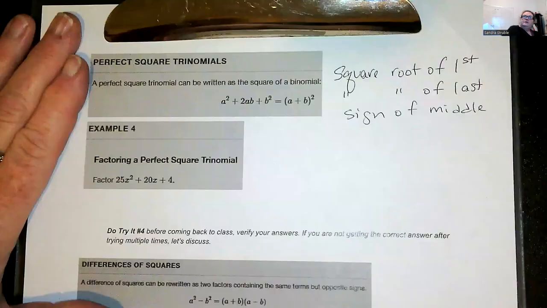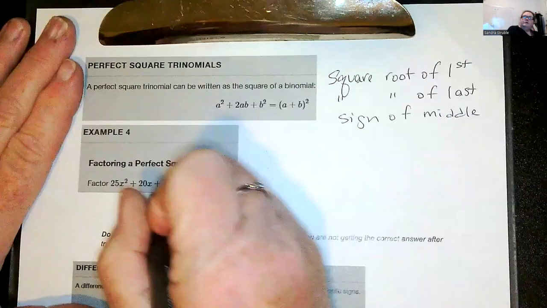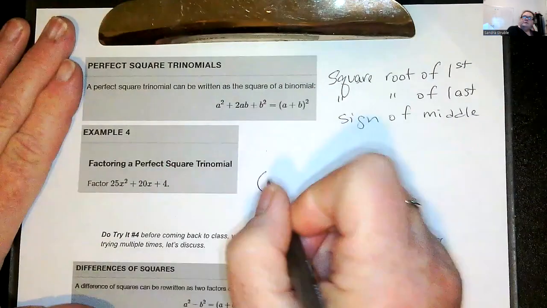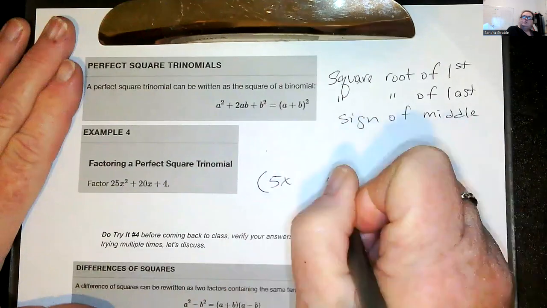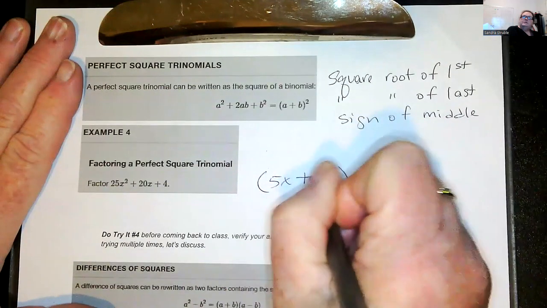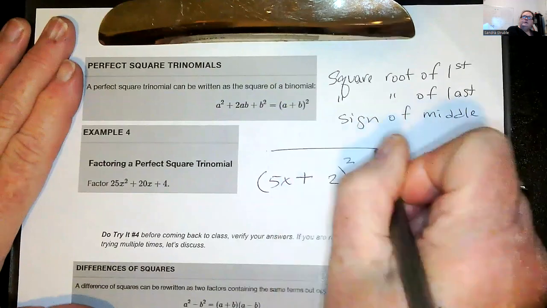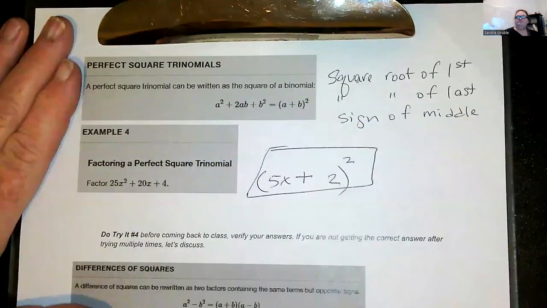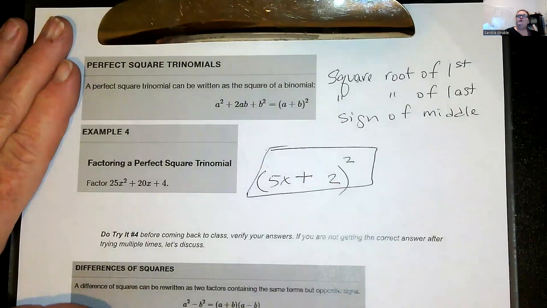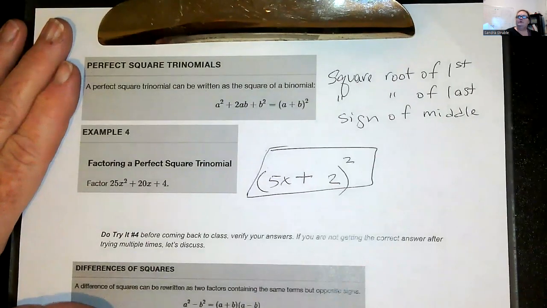Okay. So for this one here, square root of the first is going to be 5x. Square root of the last is going to be 2. And the sign in the middle is positive. Don't forget your square sign. Boom, done.